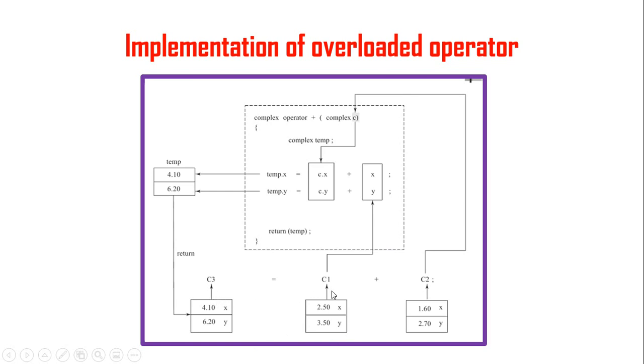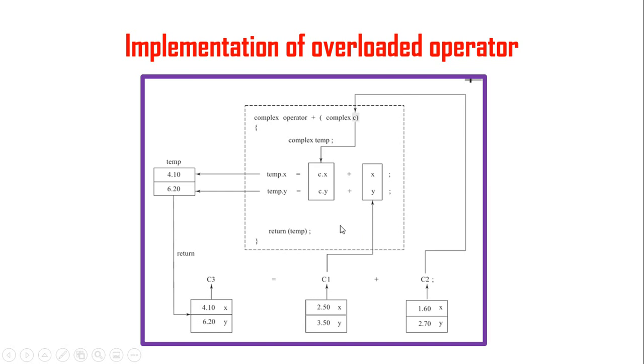So when I say C3 is equal to C1 plus C2, okay, C1 will be the object that is invoking this operator function, and C2, the right hand operand, will be an object which is passed as an argument here. So through this, whatever comes in will be taken into the respective x and y, and similarly through this, whatever comes in will be taken into the respective x and y. Okay, so that's how basically we do it.